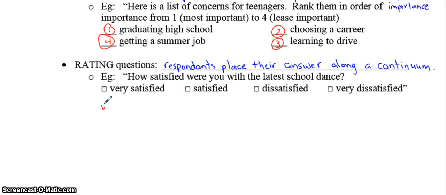So, very satisfied might be number 5, then 4, 3, 2, 1, and this would be dissatisfied. So you might have to put your answer along this continuum of numbers.